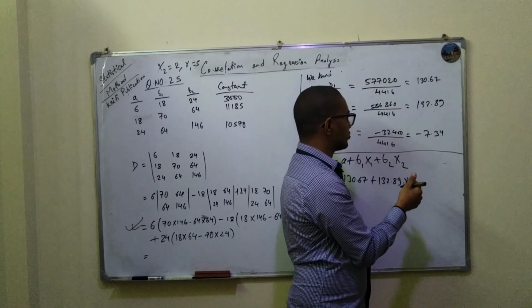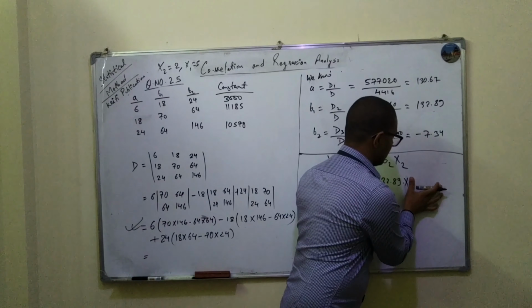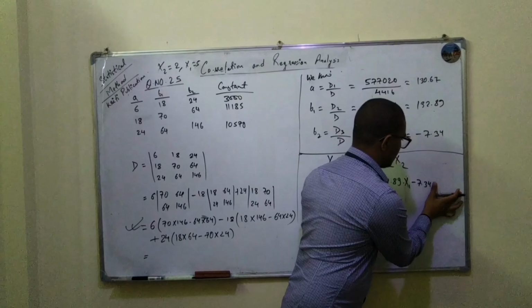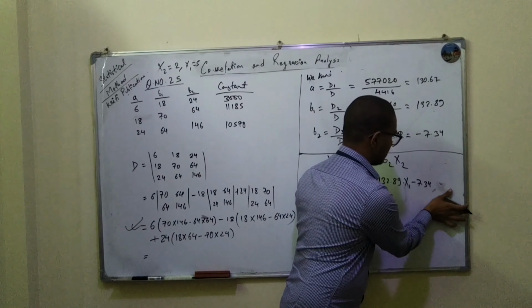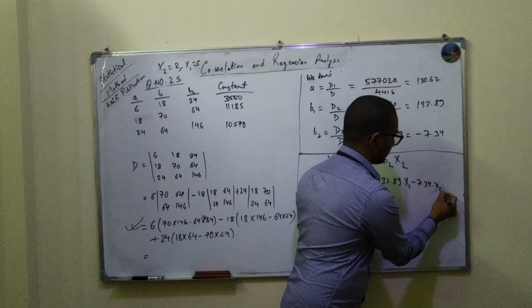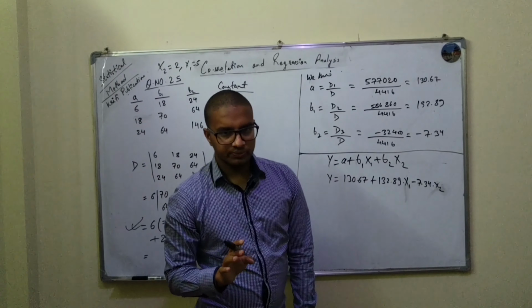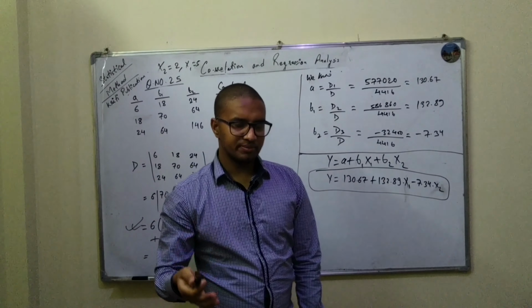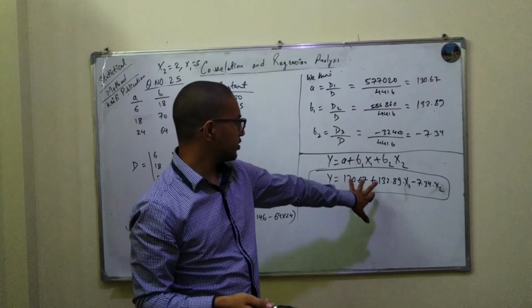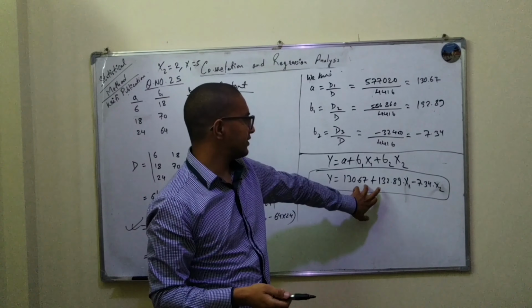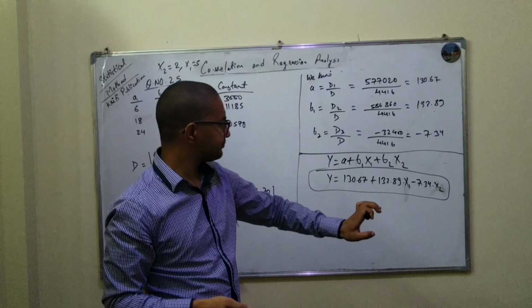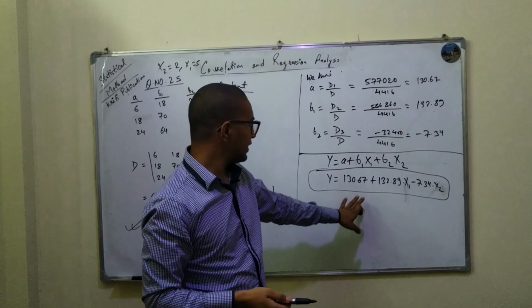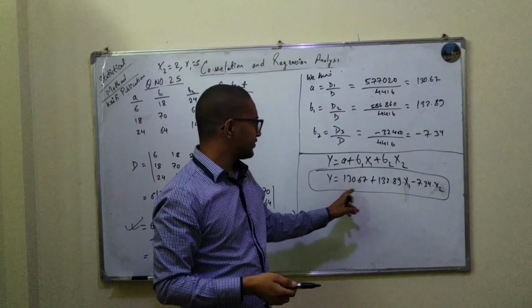And then for the x2, the slope is minus 7.34 times x2, right? So this is our equation, okay? Same as the simple correlation equation, right? There would be only two things over there, only the intercept and then the independent variable and slope would be there, right? So in this case, this is our equation.